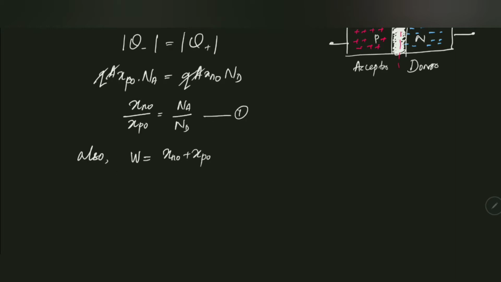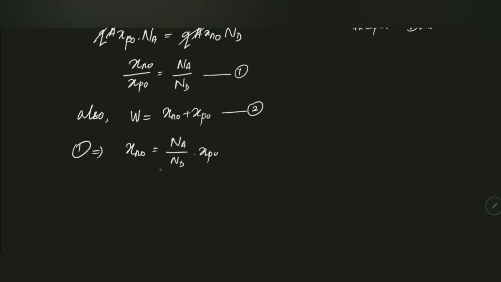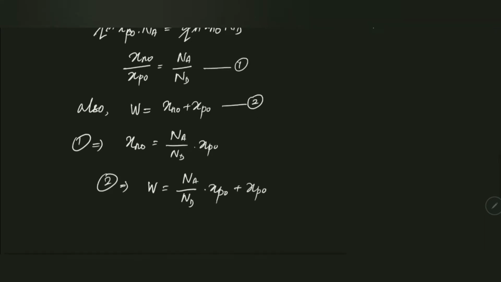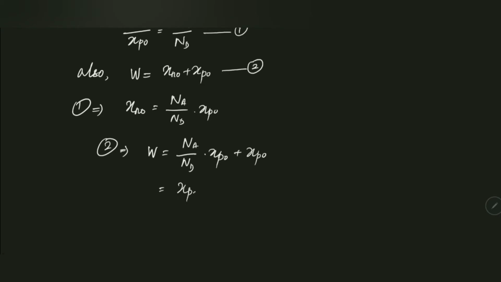Let me take this as equation number 1, and I'm going to substitute it in equation number 2. So x_n0 can be given as N_a by N_d into x_p0. When I substitute this in equation number 2, W is equal to, instead of x_n0, N_a divided by N_d into x_p0, plus x_p0. Here x_p0 is common, so we have 1 plus N_a by N_d. So the width can also be given in this form.